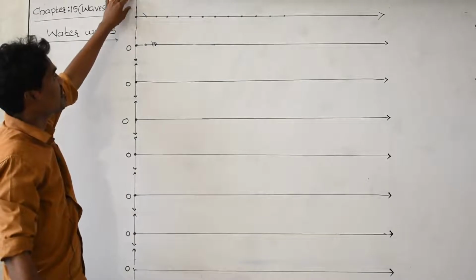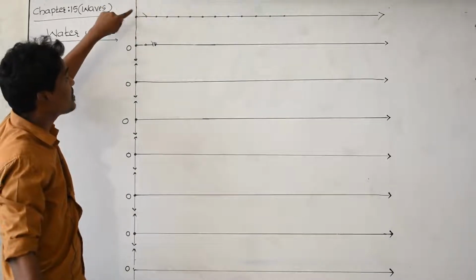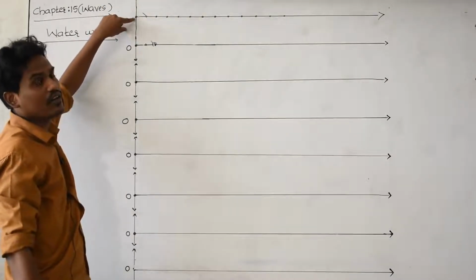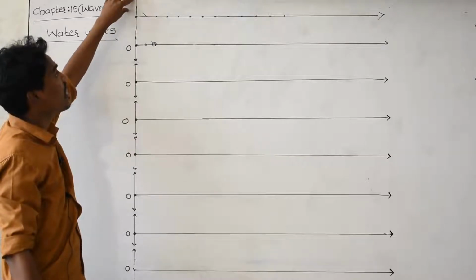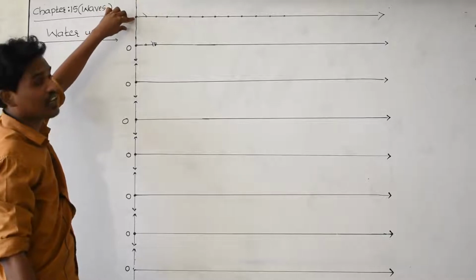The moment the stone hits the first water particle, what happens? All the kinetic energy of the stone is transferred to the first water particle. You can take the first water particle, second, third, fourth, and so on. All the water particles are at rest. The moment the stone hits the first water particle, all its kinetic energy is transferred to that particle.